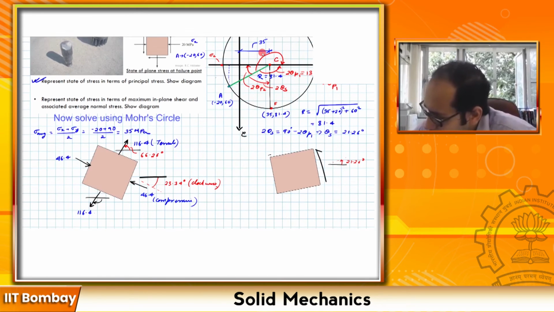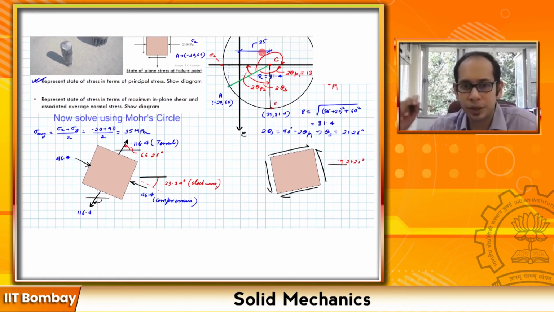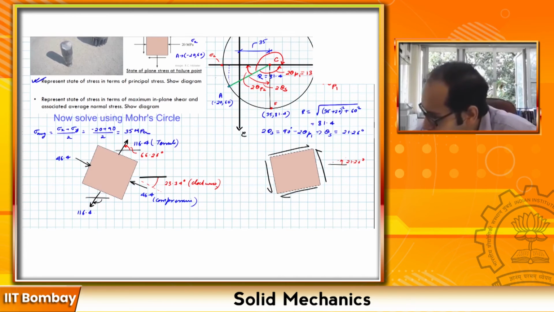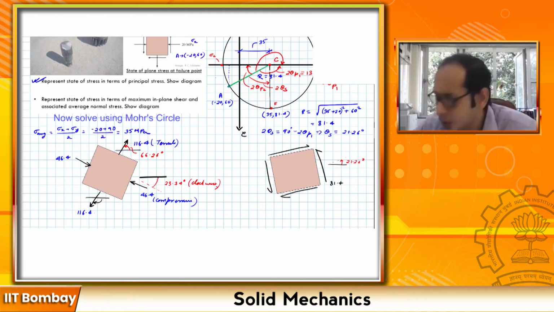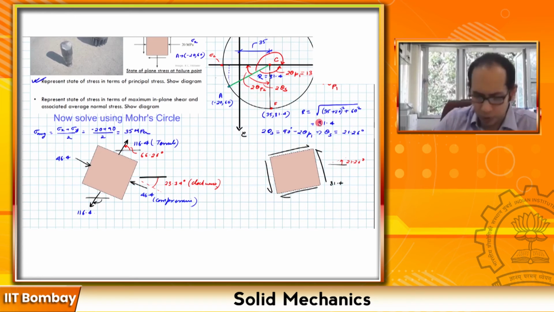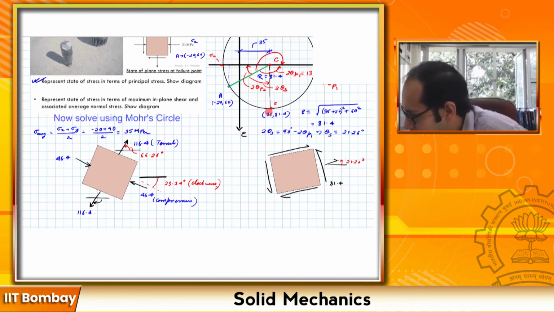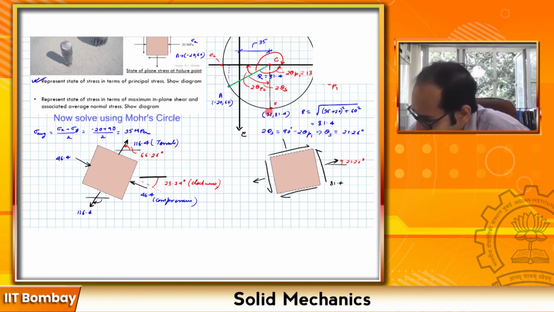And once you have one of the shears done, the others automatically get fixed. In addition to this shear, which has the value 81.4, you also have the normal stresses, which are equal to 35. This is this guy over here, 35. So let's mark that. Positive 35, that is tensile.